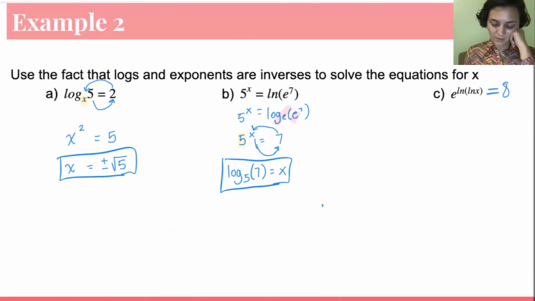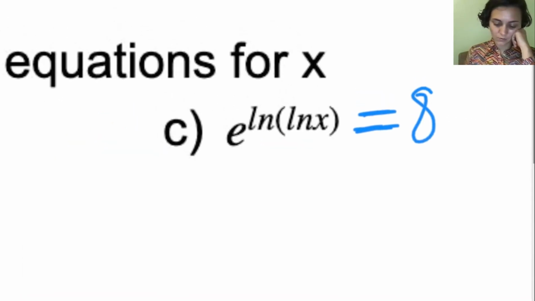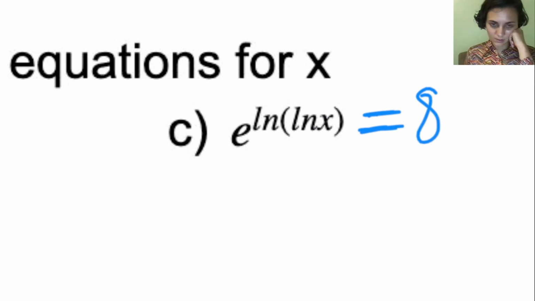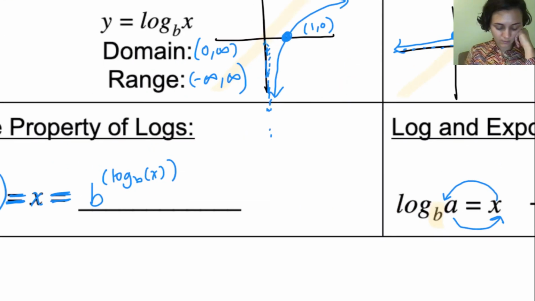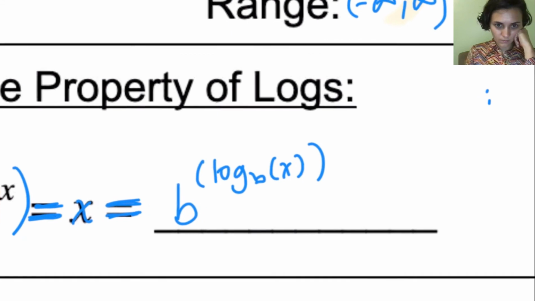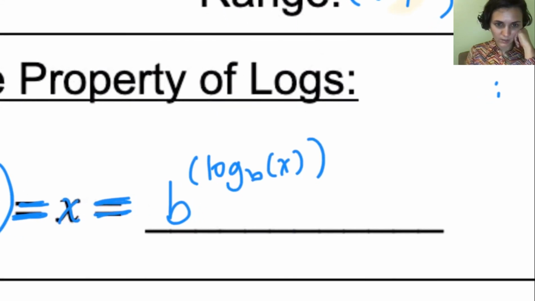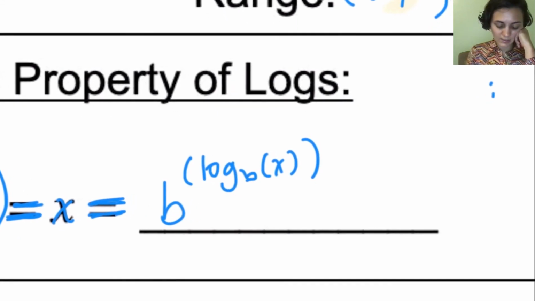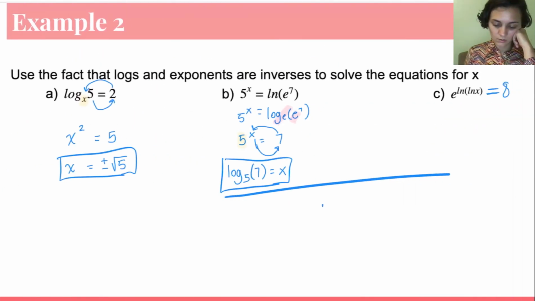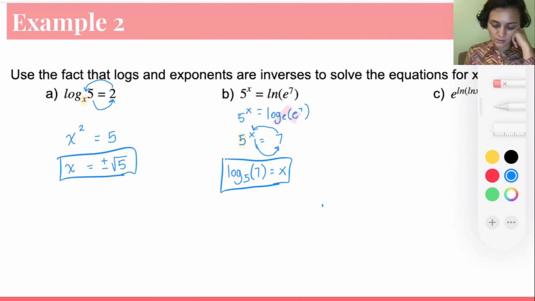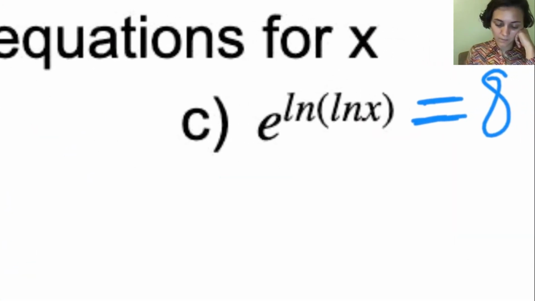Okay. Last one. This one looks tricky. I do see that I can probably use this rule right here, where I have a base with a log with the same base. So I'm able to use this rule, but I have to be a little careful.